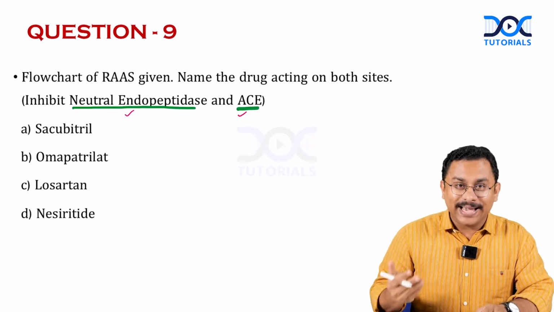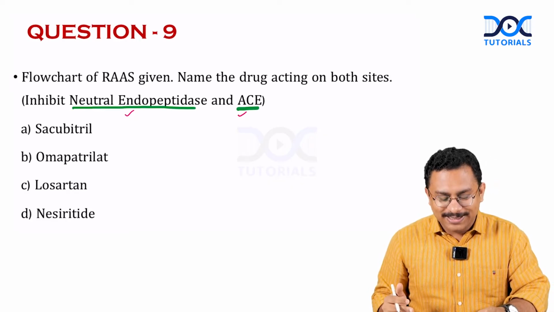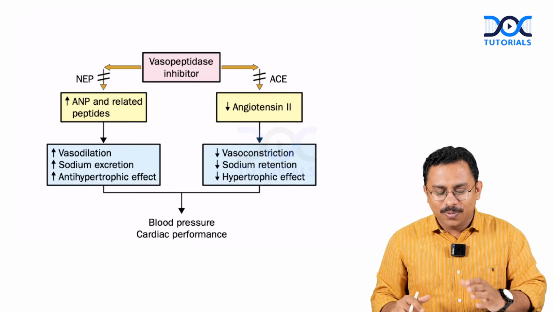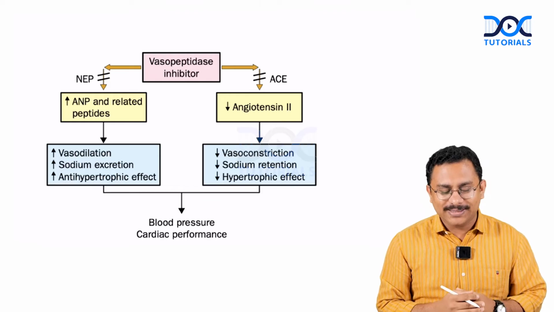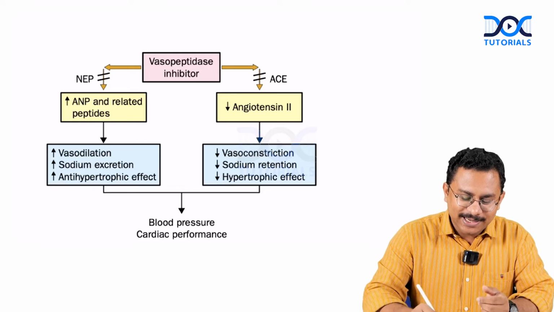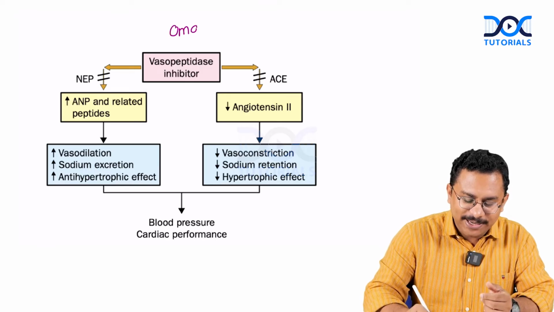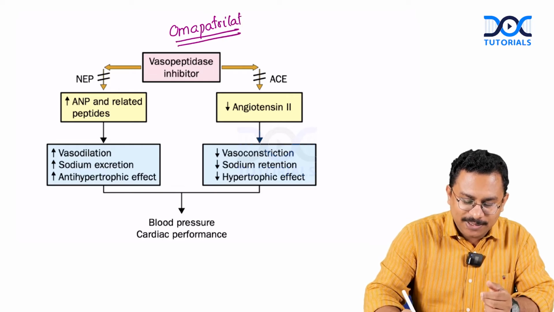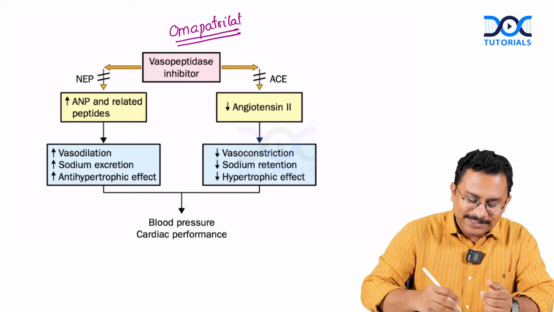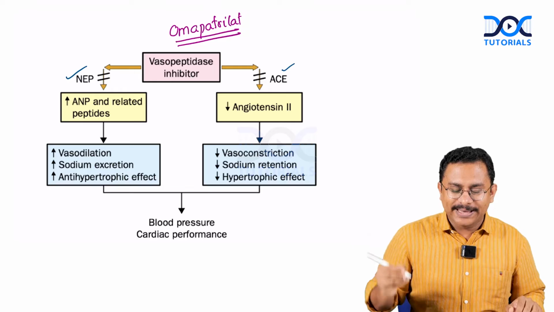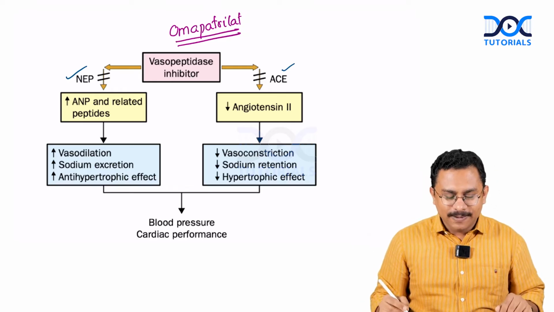Is it sacubitril? Is it omeprazole? Is it losartan? Is it nesiritide? Basically, you must know about the group of drugs which are vasopeptidase inhibitors. The classical example of a vasopeptidase inhibitor is omeprazole. They inhibit the neutral endopeptidase as well as the angiotensin converting enzyme.